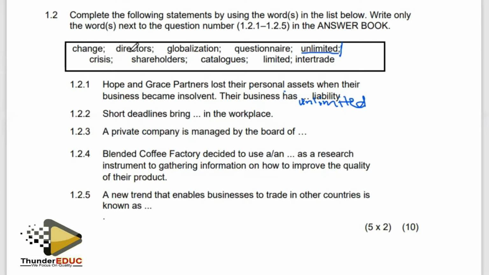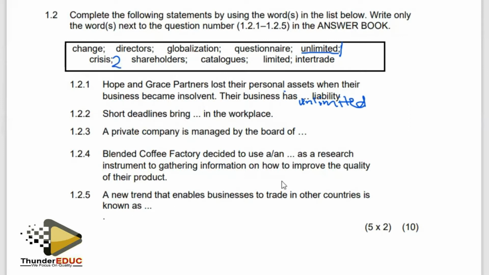I don't believe so. Does it bring directors? No. Globalization, questionnaires, limited catalog, shareholders? No. Instead, it brings a crisis. This is answer 2.